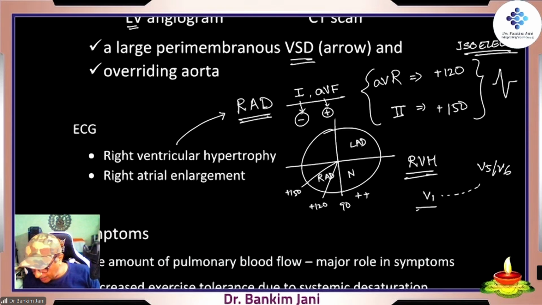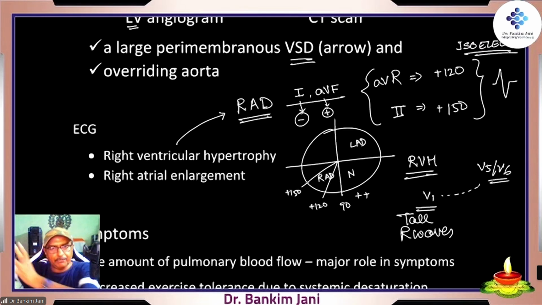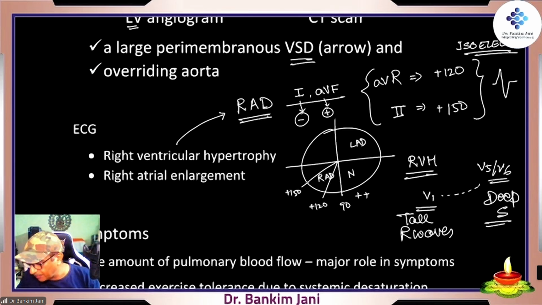So in V1 there will be more current, so there will be tall R waves, right? And V5, V6 are very far, so the current is going away from them, so there will be a deep S wave. Make a total of both of them, and that should be more than 35 to confirm. This is right ventricular hypertrophy.